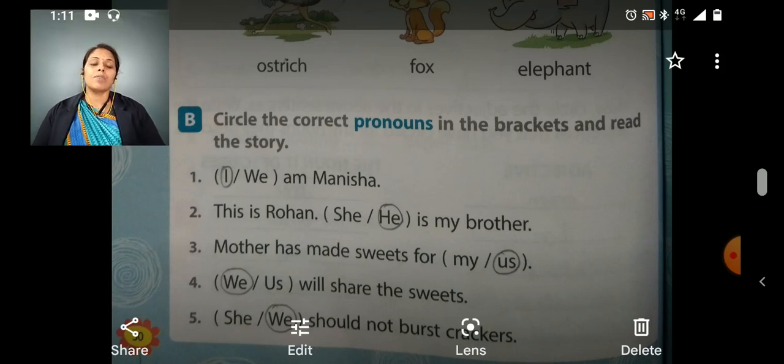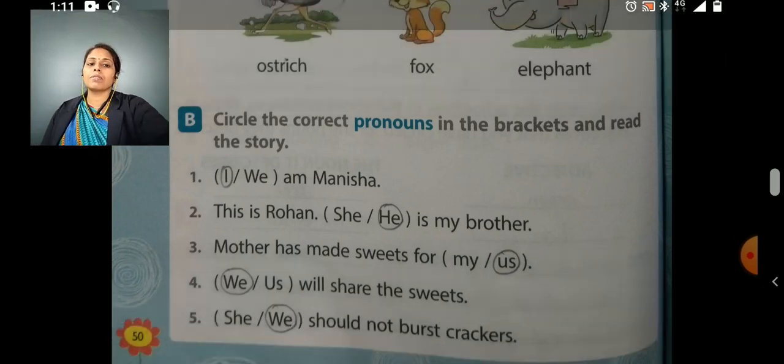Next, we/us will share the sweets. "Us will share the sweets" is not the correct sentence, so here we use we. We will share the sweets. Next, she or we should not burst crackers.